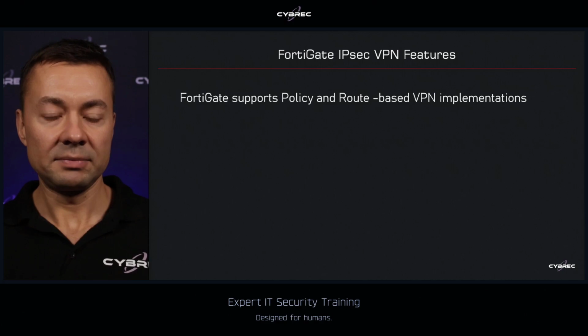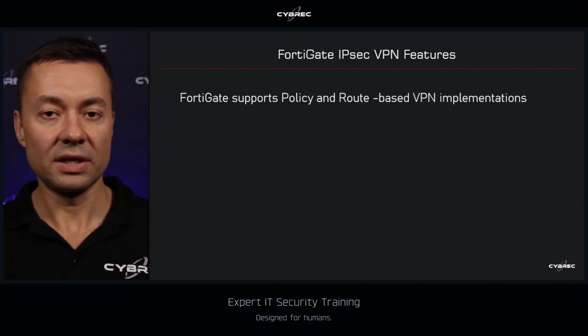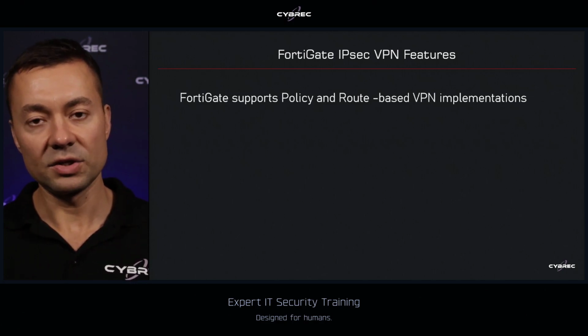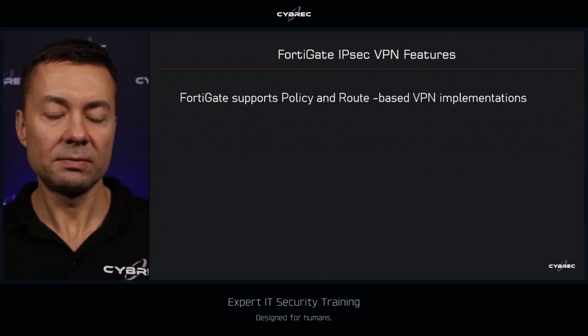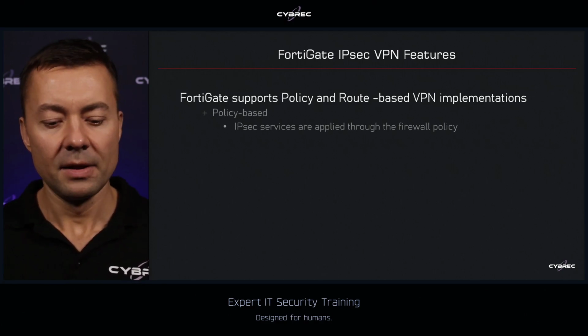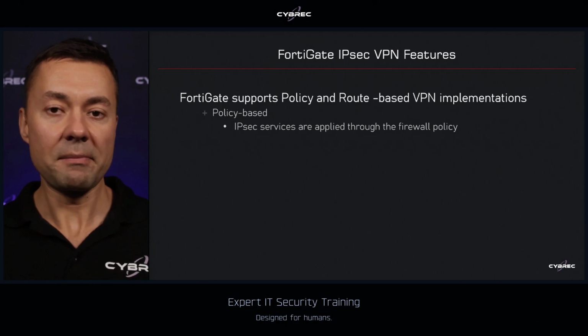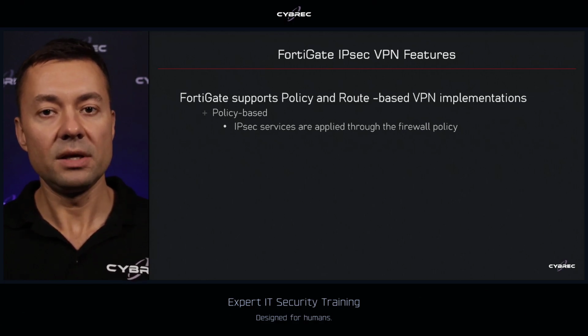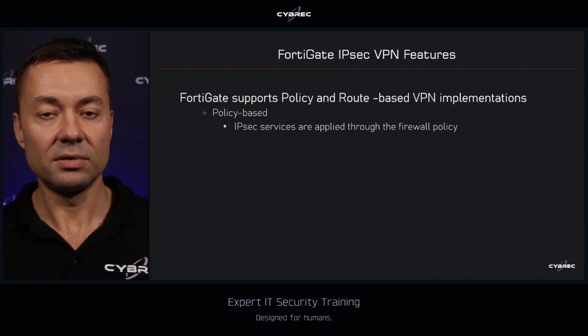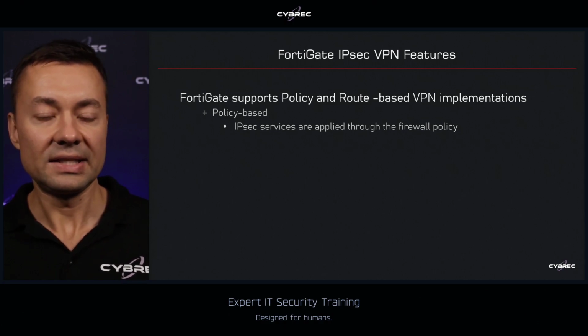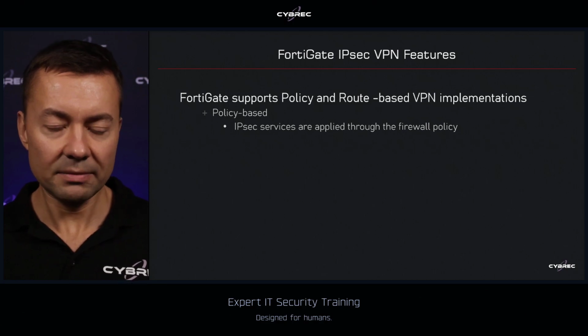FortiGate supports two types of IPsec VPN tunnel implementations. We've got what is known as the policy-based and route-based implementation. The difference, as we will see, is going to be primarily in the interface that is responsible for establishing the tunnel, or basically representing a VPN tunnel, I should say.